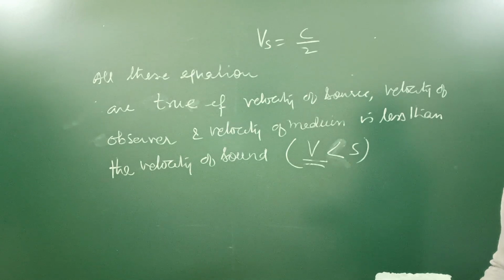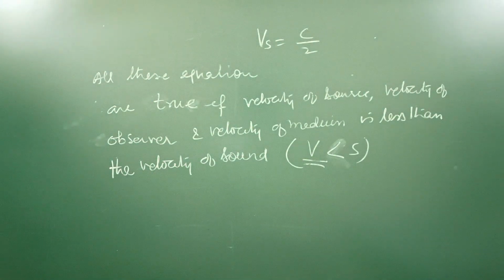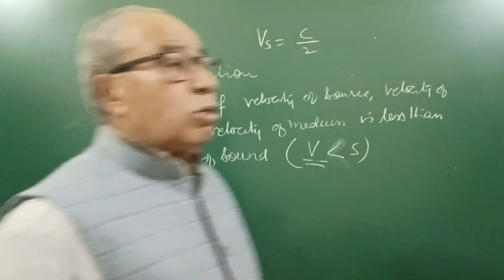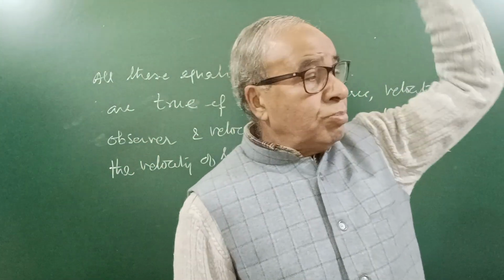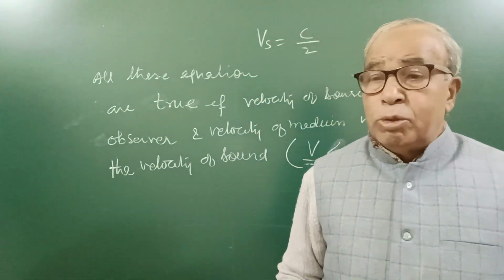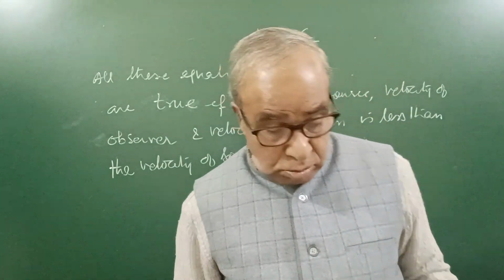Any object or source of sound when moving more than the speed of sound produces a wave whose amplitude keeps on increasing, and those sounds whose amplitude keeps on increasing as the source has moved away are called supersonics.